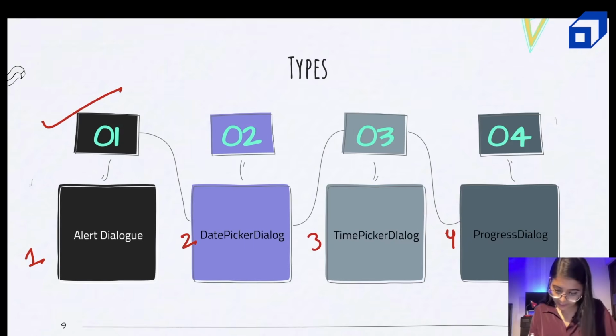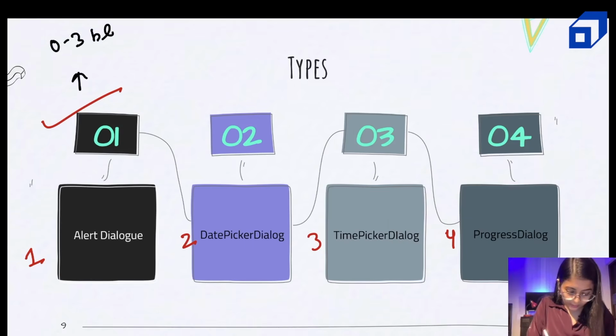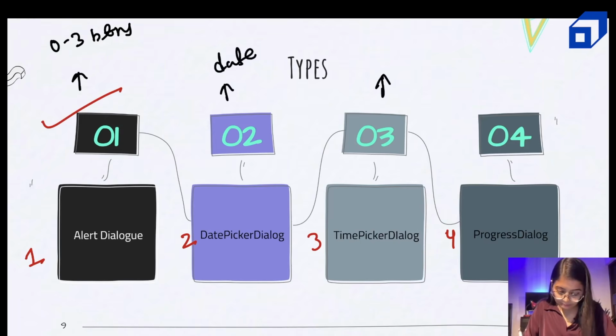Here the names are a bit self-explanatory, but still let me tell you a few features of these. Alert dialog supports 0 to 3 buttons, along with a list of selectable items like radio buttons or check boxes. Date picker dialog is used for the selection of date by the user. Time picker dialog is used for selection of time by the user.